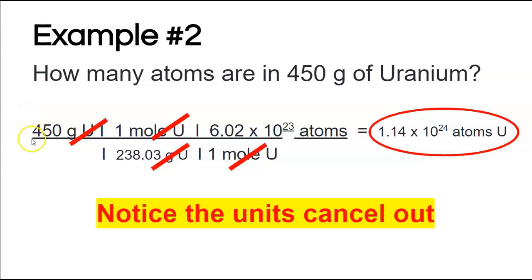Open parentheses, 450 times 6.02, second function EE23, close parentheses, divided by, open parentheses, 238.03, close parentheses, equals, you should get 1.14 times 10 to the 24th atoms of uranium.